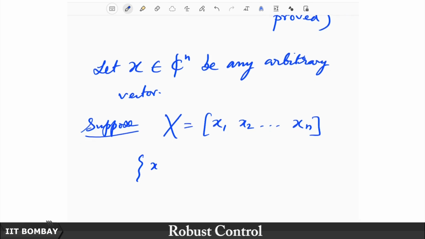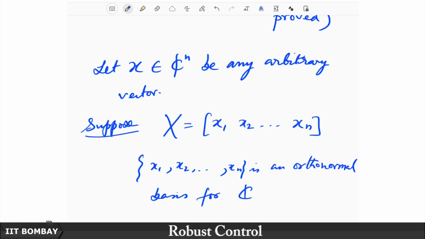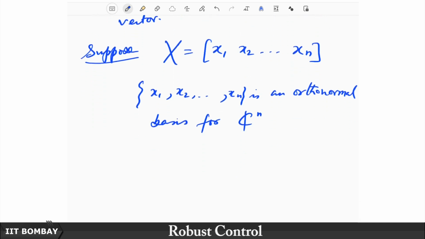Now x1, x2, dot dot dot till xn is an orthonormal basis, quite simply because X is a unitary matrix by my definition. So, this is an orthonormal basis for Cn, no doubts about this, right.